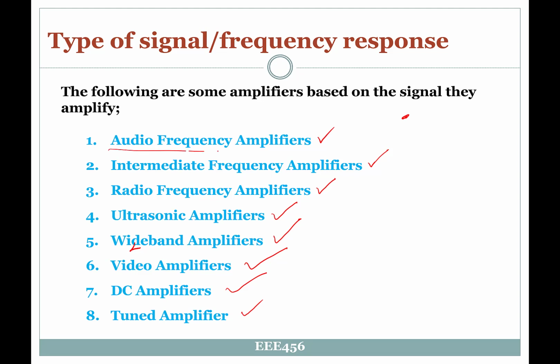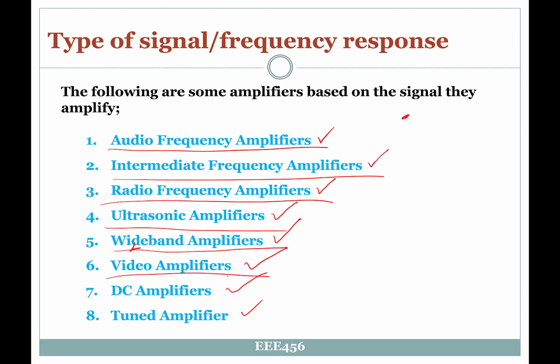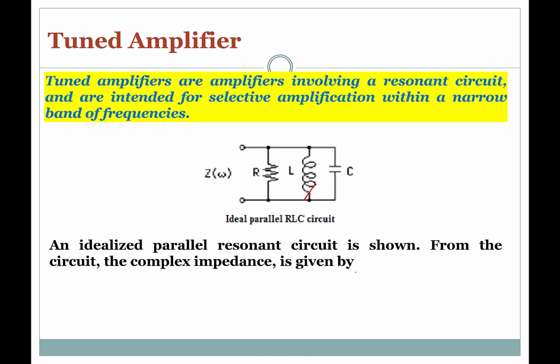So we have the audio frequency amplifier, the intermediate frequency amplifier, the radio frequency amplifier, ultrasonic amplifiers, wideband video amplifiers, DC, and then we have the tuned amplifier. So let's look at the tuned amplifier in detail.